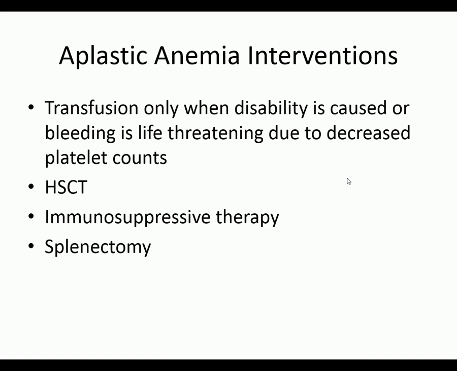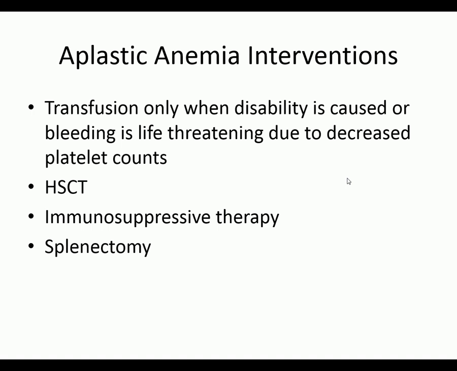Drugs like prednisone and anti-thymocyte globulin, the ATG, cyclosporin A, have resulted in partial or complete remissions in these patients. Eculizumab has also improved both blood counts and decreased transfusion requirements for these patients.